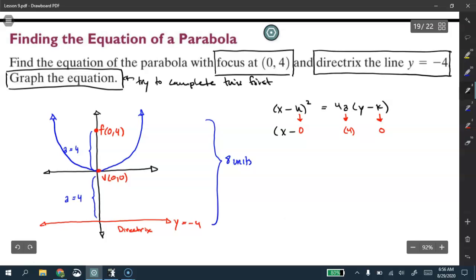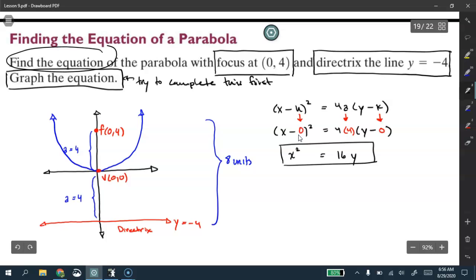So this becomes x minus 0 squared is equal to 4 times 4 multiplied by y minus 0. Now you can simplify this a little bit because x minus 0 is redundant to say. It's essentially x, so x squared is equal to 4 times 4, which is 16, and y minus 0 is simply y. So there you go. We have the equation, and they wanted us to find the equation, so we have completed the exercise.